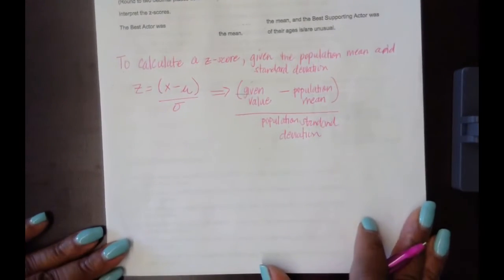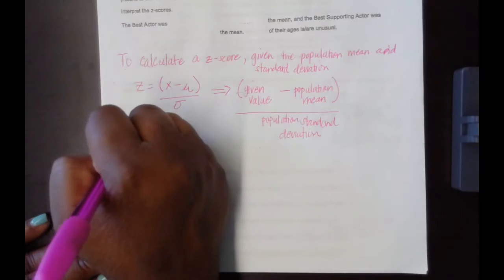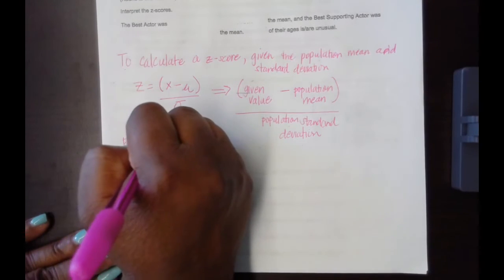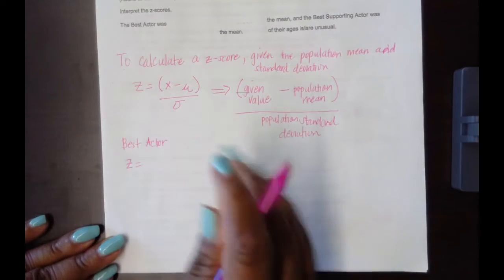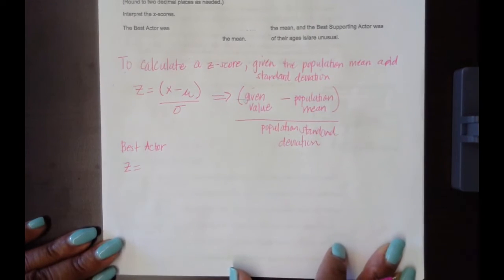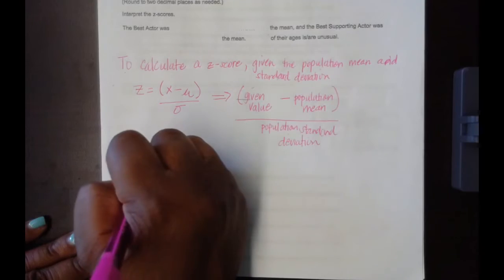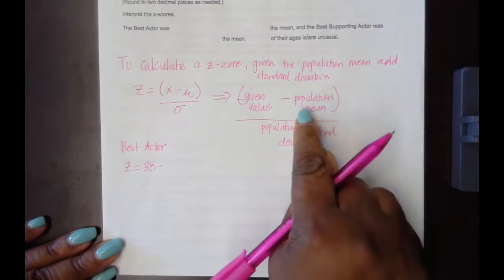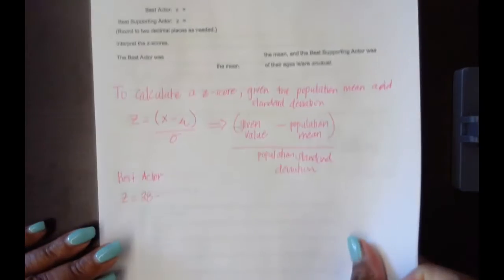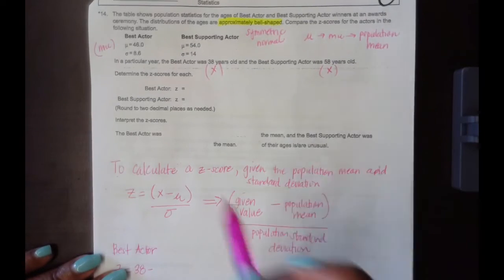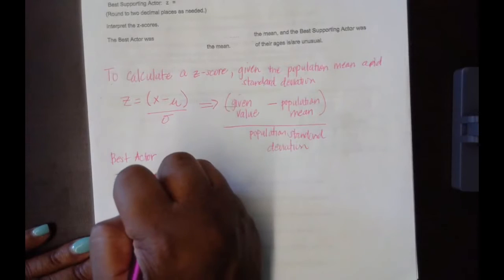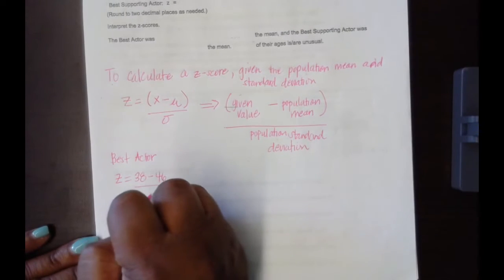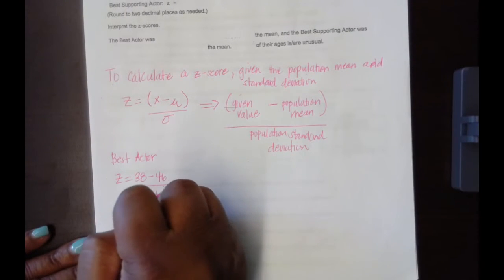So let's calculate. For the best actor, we're going to do Z equals the given value, which is 38, minus the population mean, 46, and we're going to divide that by 8.6.